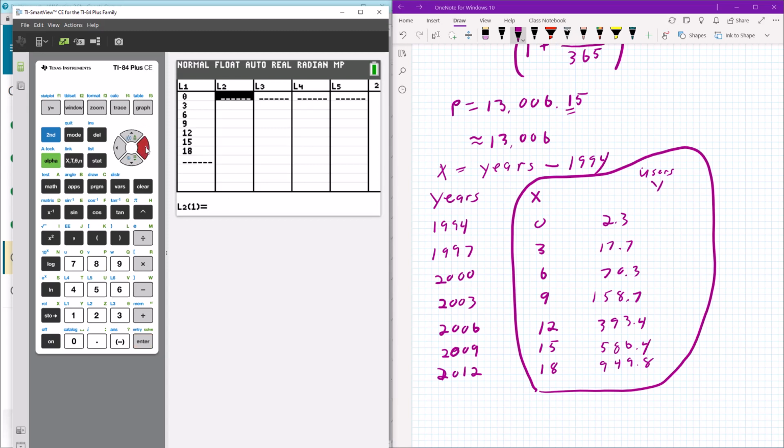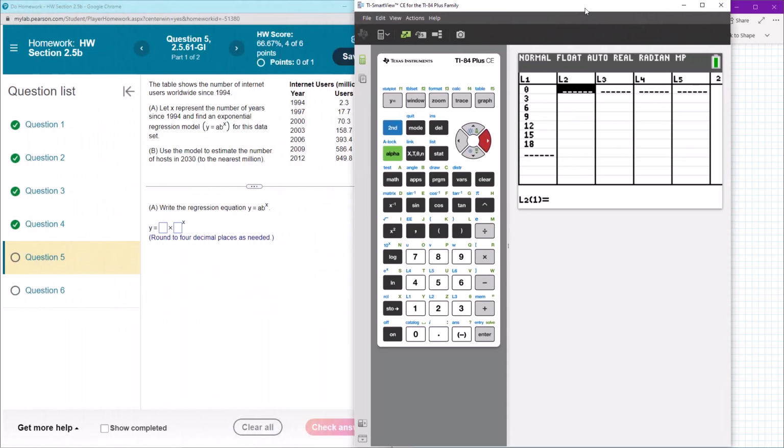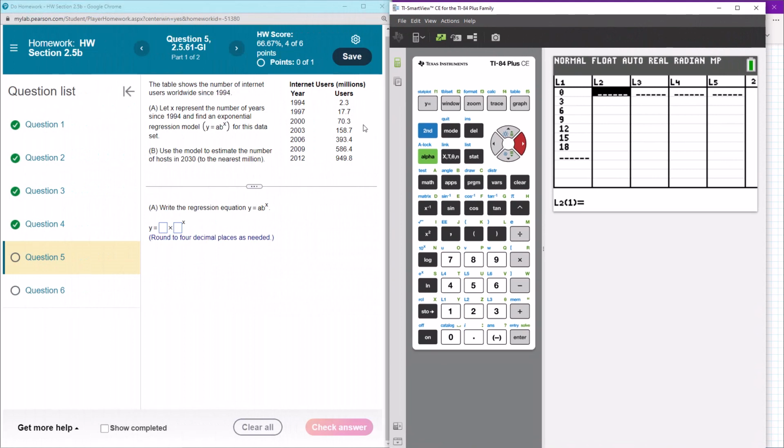And then this column is going to be these numbers right here. And really, remember, these numbers are nothing more than a duplication of these particular numbers right here.